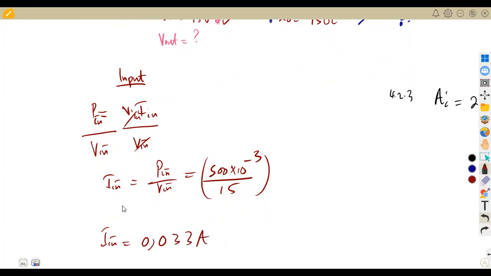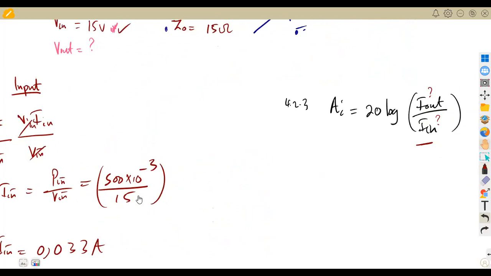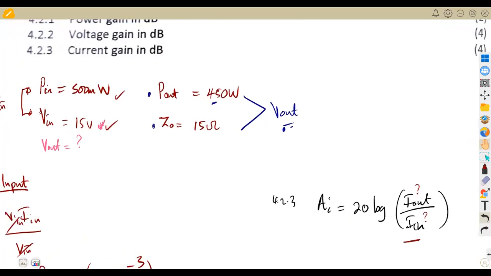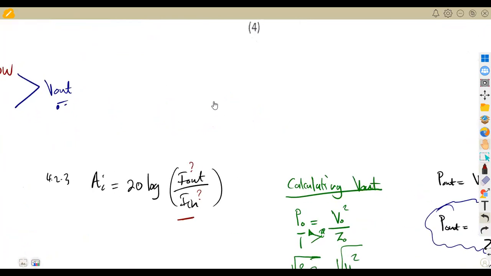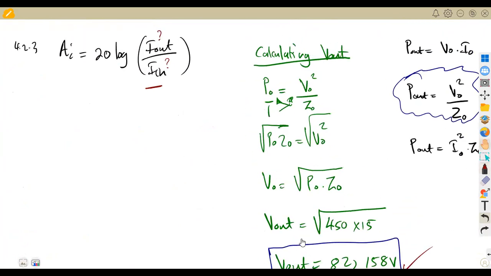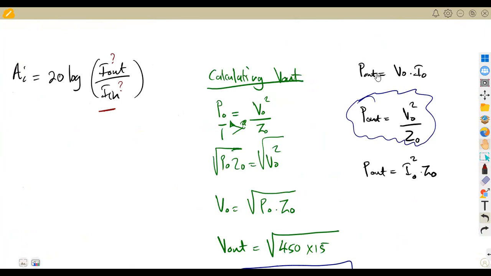All right. What about the current at the output? Because we now have the input, we now need the output. Like I said, we just have to work with the information. This is the information that we have at the output. And also, remember, we calculated V out from that concept. So you can choose to work with V out, or you can just choose to work with the original values. If you want to use V out, you choose the formula with V out, P out is equal to V out times I out.